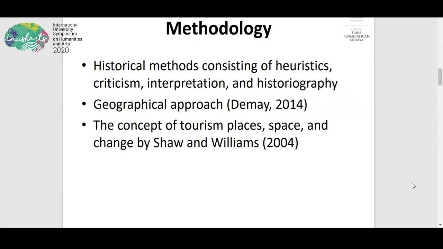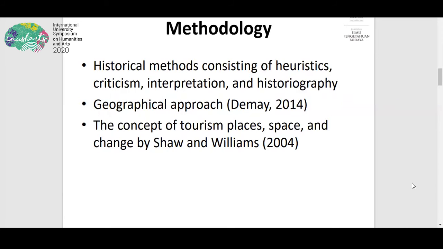As stated by Demay in 2014, geographers have a special approach to tourism. And the colonial context highlights the spatial impact, defined by studying the impact of tourism on a given area. Geographic analysis helps us to understand the mechanisms for implementing and structuring a colonial territory.